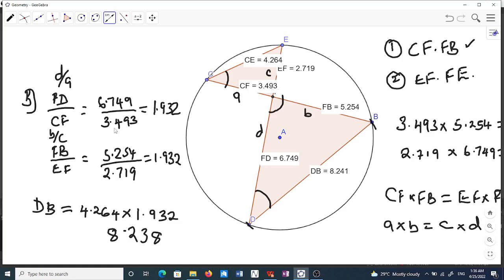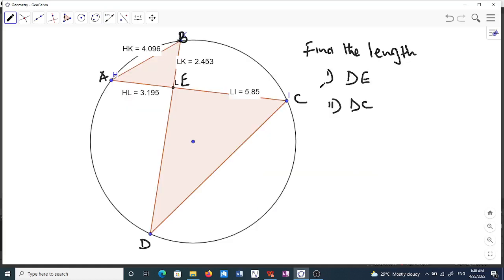So I want you to attempt the following question. Now I have two questions for us to answer. I want us to find the length DE which is missing. Remember, these are internally intersecting chords.